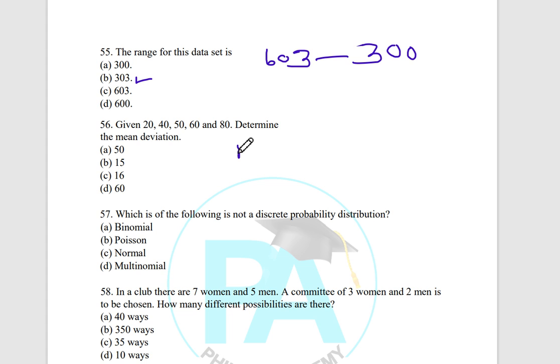Now, mean deviation, let me say MD, is equal to the sum of the absolute value of the deviation, x minus mean, divided by n. The formula is sigma of the absolute value of x minus mean, divided by n. To solve that, let me create a table to make it look easy.